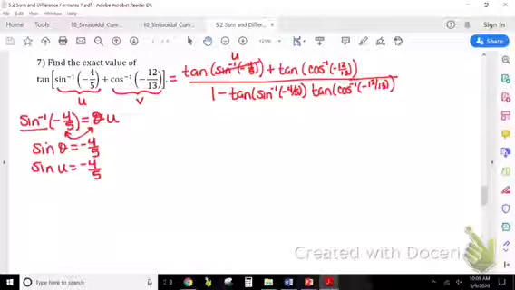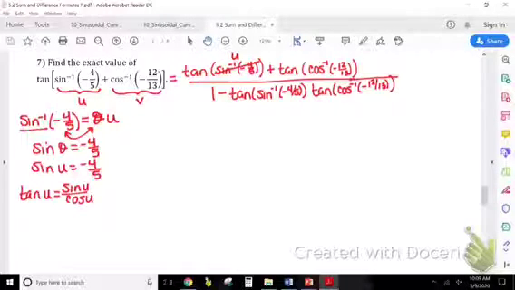So can I find tangent of U if I know sine of U? Yes. How? Well, using identities, remember, we know that tangent of an angle is equal to sine of that angle over cosine of that angle, isn't it?